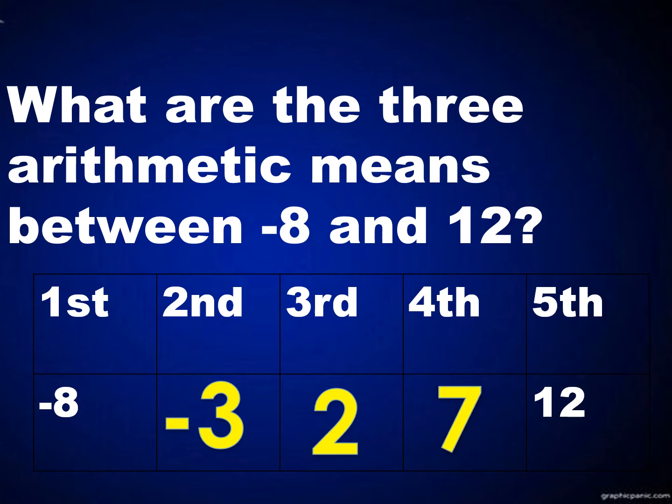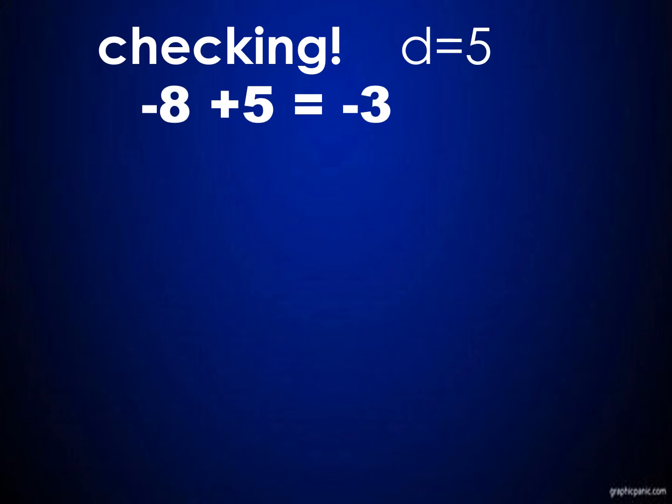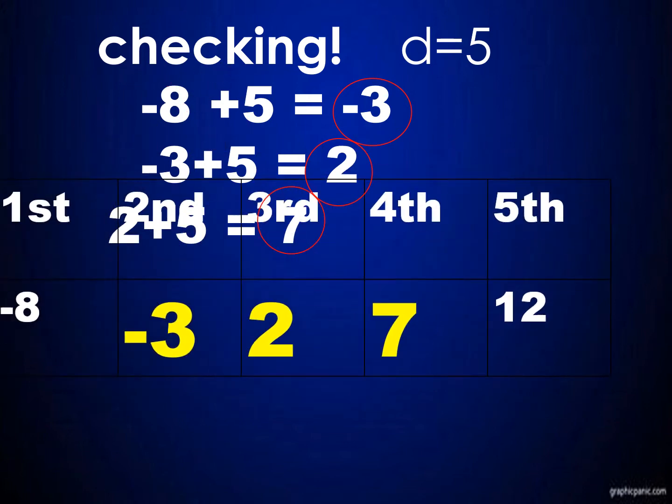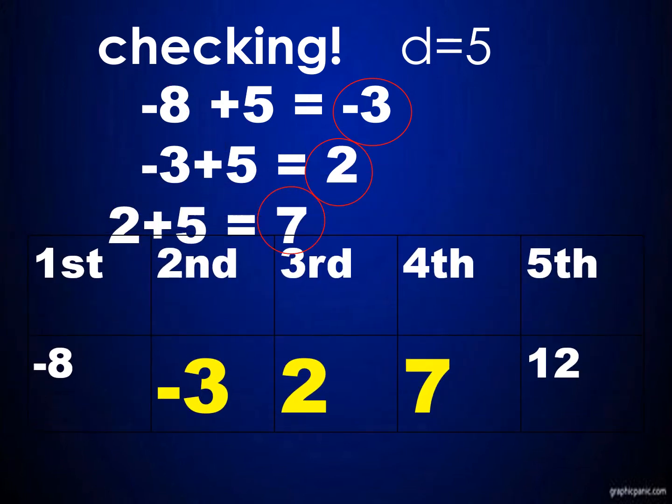Then, yung kasunod nun, 7. Bakit 7? 2 plus 5, that is 7. Okay, so if you wanna check your answer, ayun na siya, yung solving. Okay. So again, yung arithmetic mean, yung ini-insert natin sa gitna na sequence.